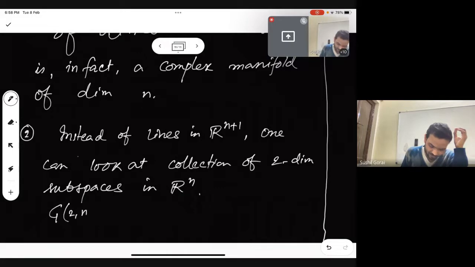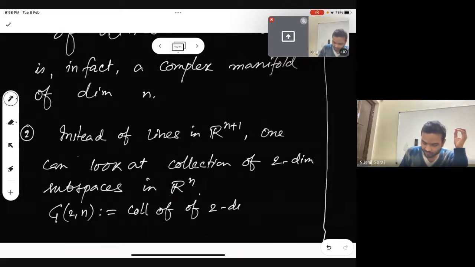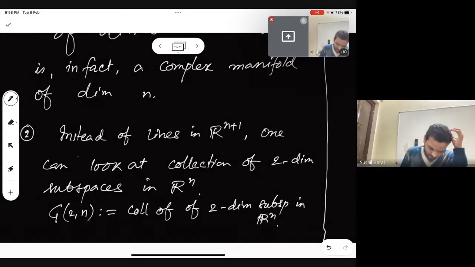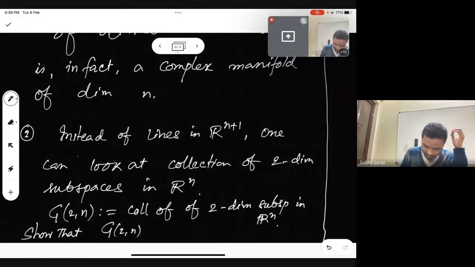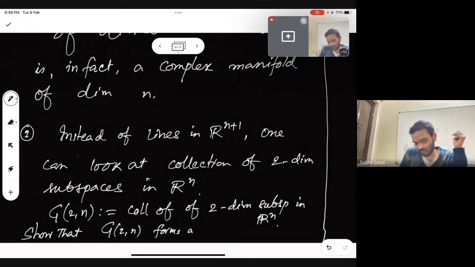Let's say G2n denotes the collection of all two real dimensional subspaces in Rn. Show that G2n forms a smooth manifold.